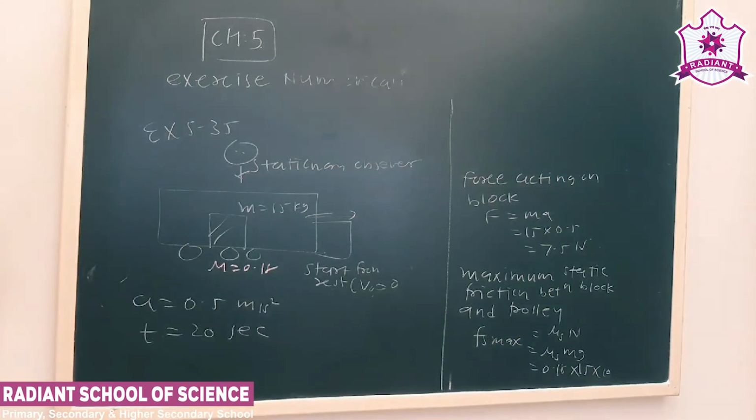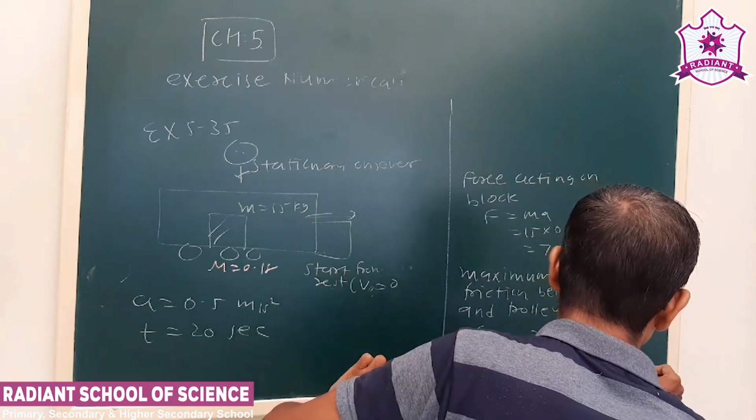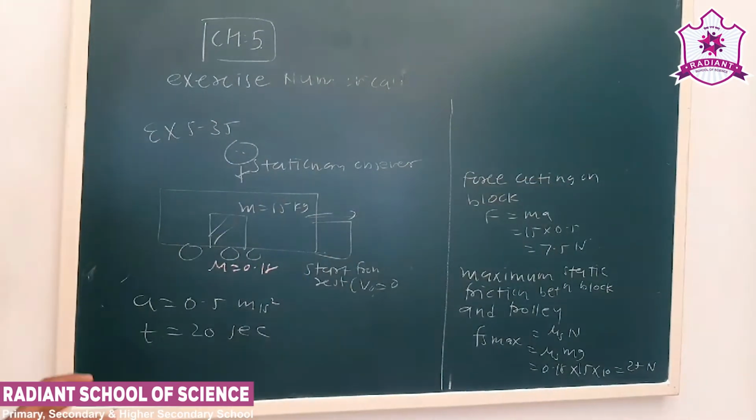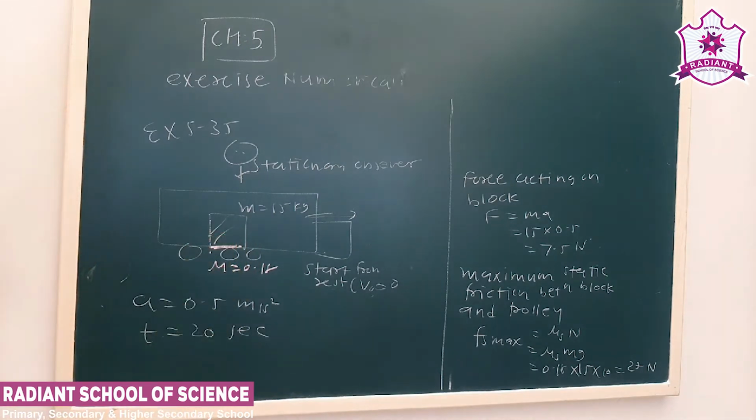So that will turn out to be 27 Newton. That is the maximum static friction force between the block and the bottom of the trolley.